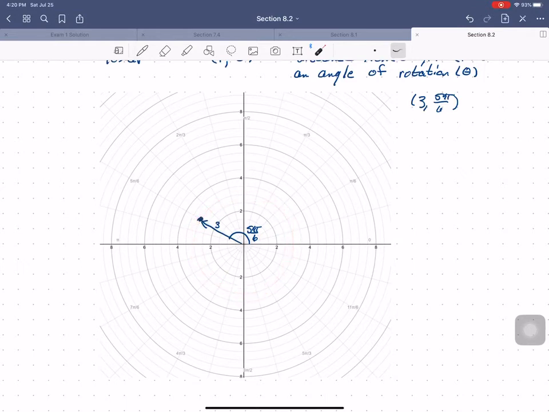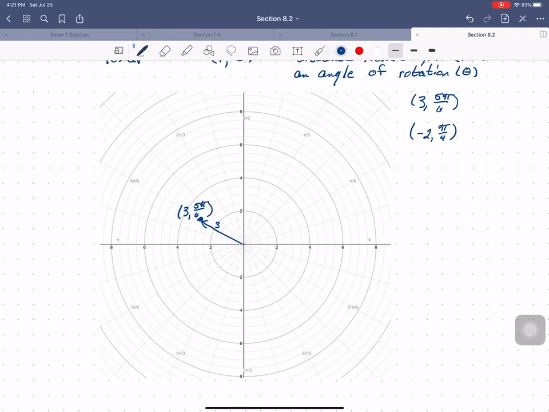Now, how can things get interesting? Well, things can get interesting, for example, if you've got, so this is 3, 5 pi over 6. We could also be asked to graph the point -2, pi over 4. So, okay. What's a radius of -2? Well, the negative means which direction you go. So think about it this way.